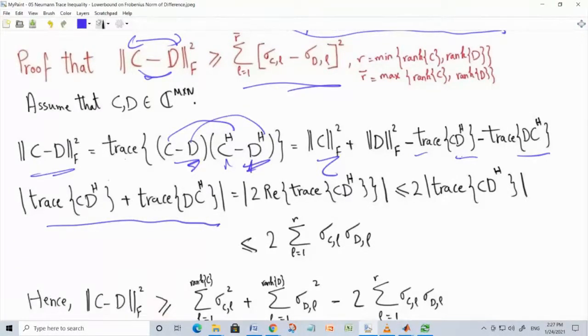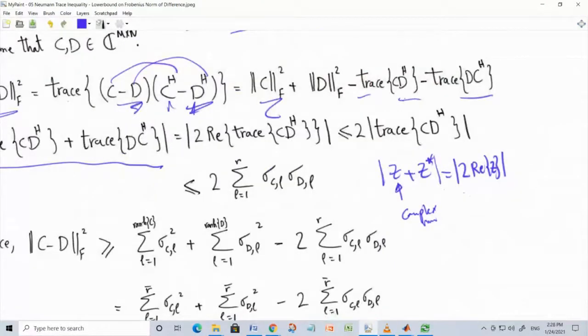You can show that one of them is the complex conjugate of the other. So if you have Z plus Z conjugate, where Z is a complex number, if you add two complex conjugate numbers you get double the real part, right?